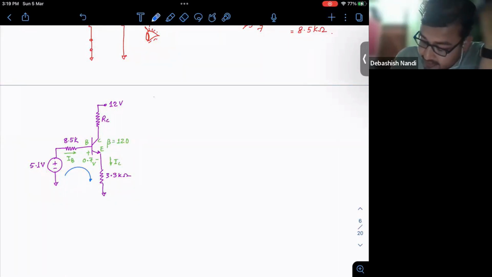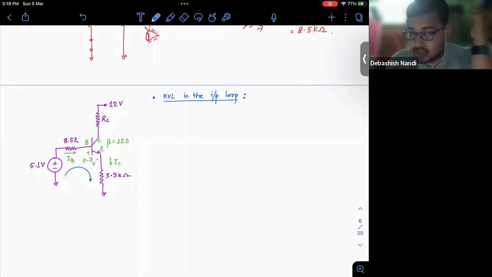So if you analyze this circuit, just follow this loop. If you write KVL in the input loop. By the way, this is called in common configuration, this is called the input loop and this is called the output loop, right?